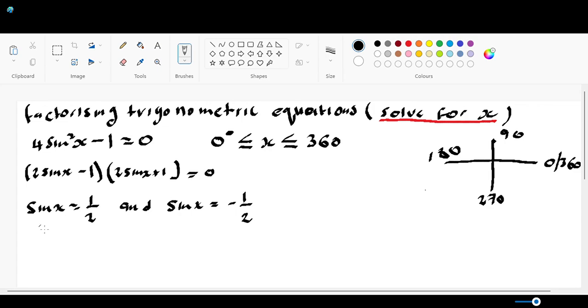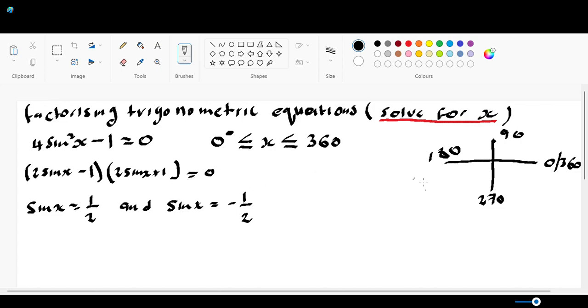So let's start with the first one here. Sine x is equal to half. Now whatever answer we get here, remember we need to find x. Whatever answer we get here is going to be an answer whereby sine is positive.